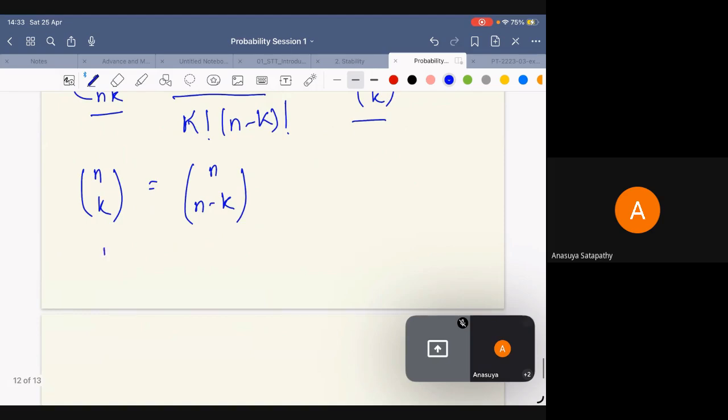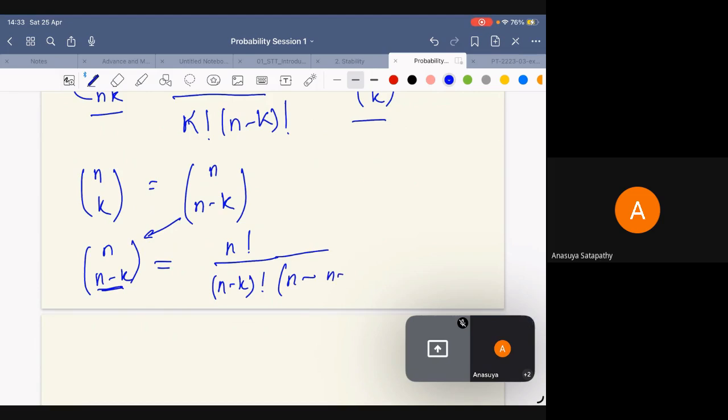For n minus k, I can write n factorial divided by (n minus k) factorial, where the upper one is n factorial and the lower part is (n minus k) factorial, because the formula is upper minus lower.